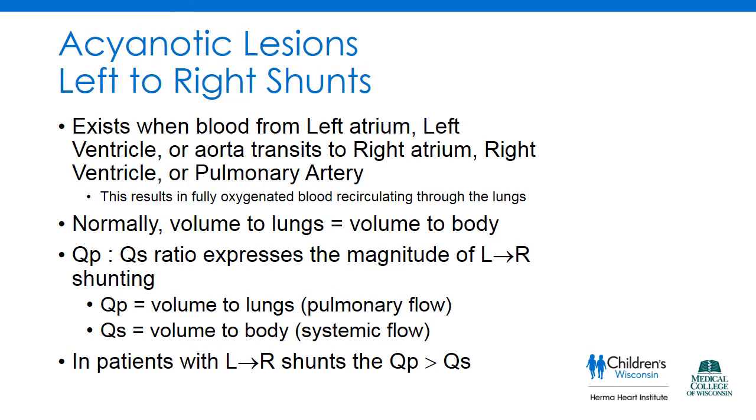If you have a large left to right shunt, like in the setting of a large ventricular septal defect, then you will have a higher QP, more pulmonary blood flow than systemic blood flow. So in patients with a large left to right shunt, the QP is greater than the QS.